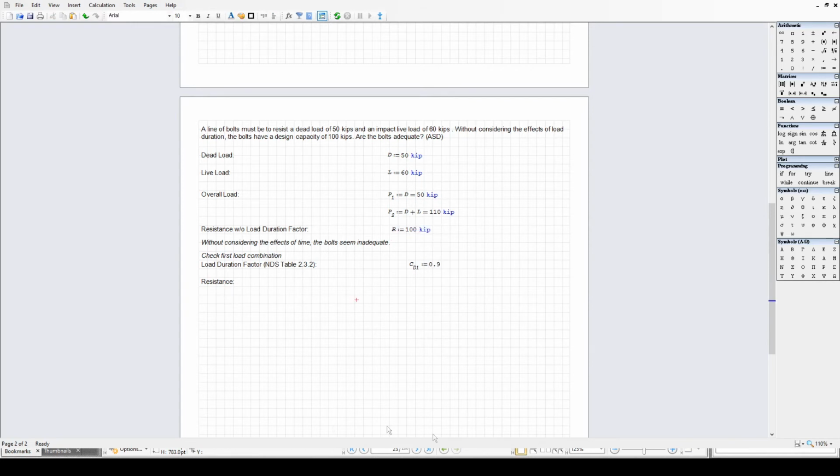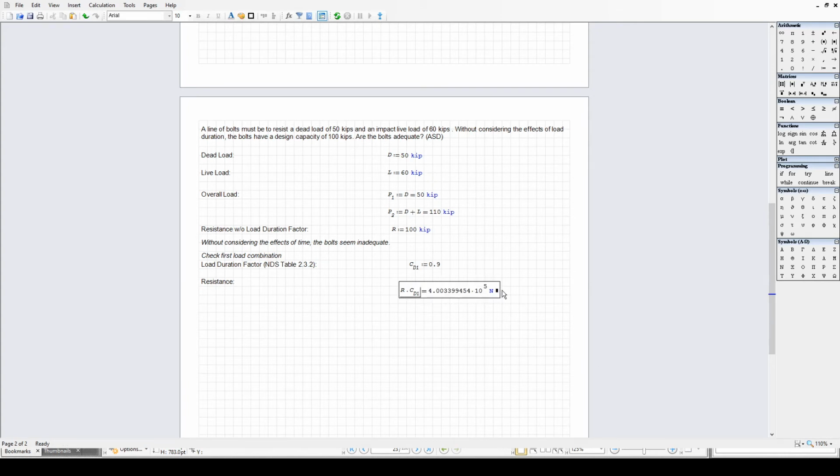All right, so now we need to multiply our resistance times this load duration factor. So our resistance is going to be R times our CD1, again because, as the problem statement said, without considering the effects of load duration, bolts have a design capacity of 100 kips. In other words, I've already done a full calculation of their capacity, considering a myriad of factors, except the load duration factor. And so all I have to do to calculate the final capacity is just multiply by the load duration factor.